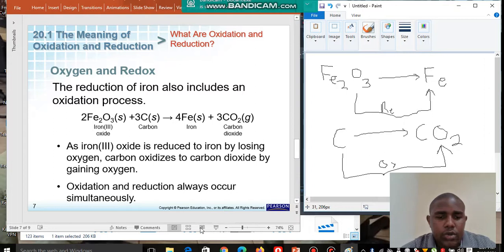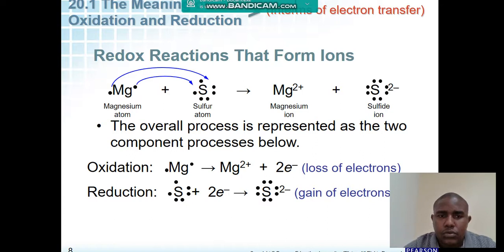Now let's check on the other example. Okay, so we saw that oxidation can be defined as the addition of oxygen to a substance, and reduction is the removal of oxygen from a substance.